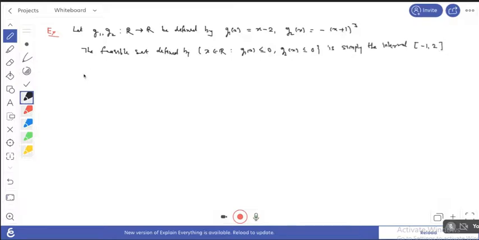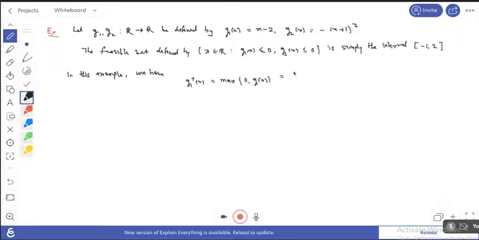So in this example, we have g1 plus equal to the maximum of 0 and our g1 function.